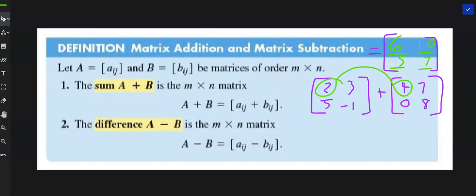But there is a time when you can't add them together. What condition do you think would have to be necessary in order to actually be able to add them together, and know it's not square matrices as in the example I gave? Under what condition would you not be allowed to add?